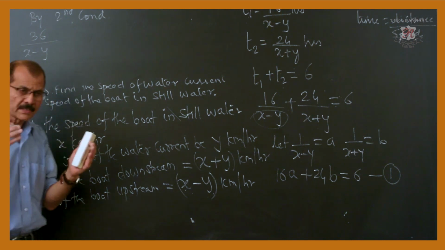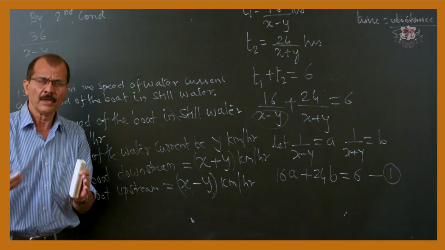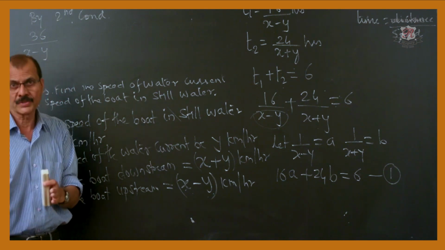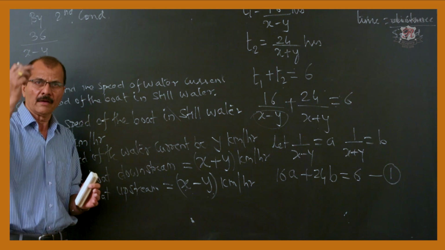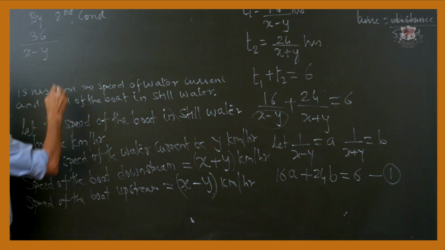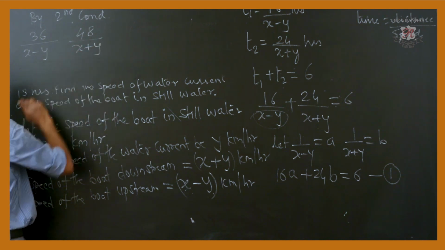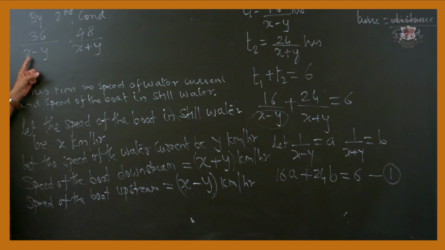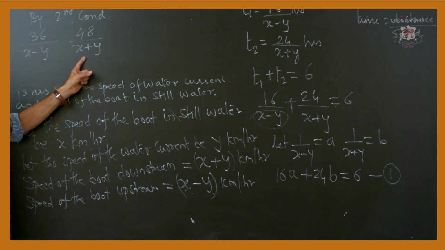So, you know the distance traveled downstream, which is 48 kilometers. You also know the speed downstream, which is x plus y. So, time taken will be 48 upon x plus y. This is the time taken to travel upstream, and this is the time taken to travel downstream.